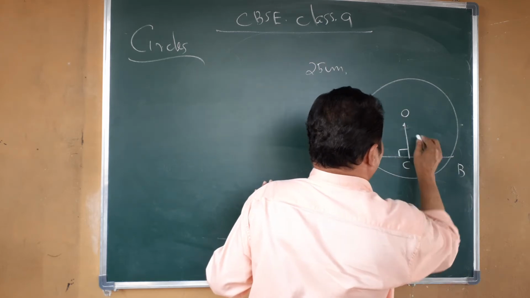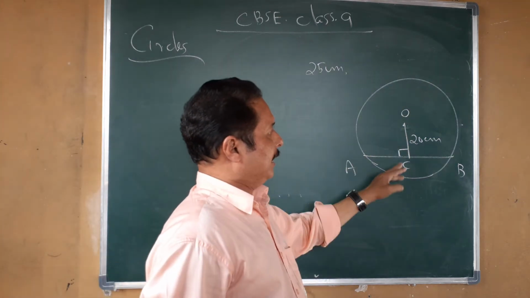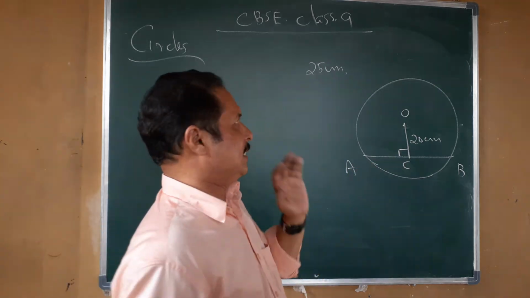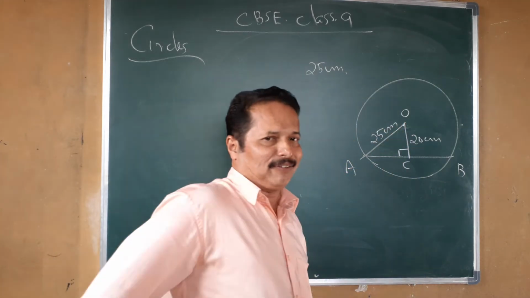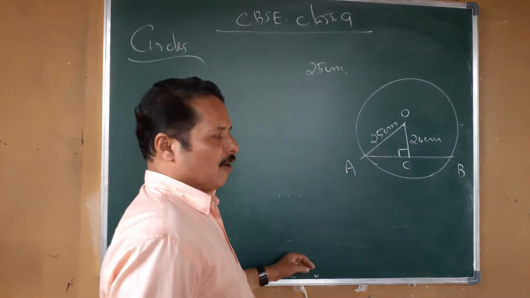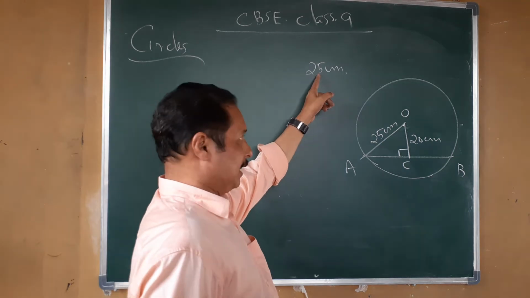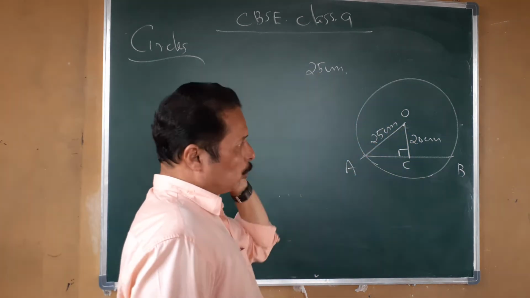So this is given as 20 centimeter. You get the idea? Distance OC equal to 20, that's given. Radius equal to 25. That is the figure. Find the length of the chord of a circle of radius 25 centimeter, which is 20 centimeter away from the center of the circle. You look at that.